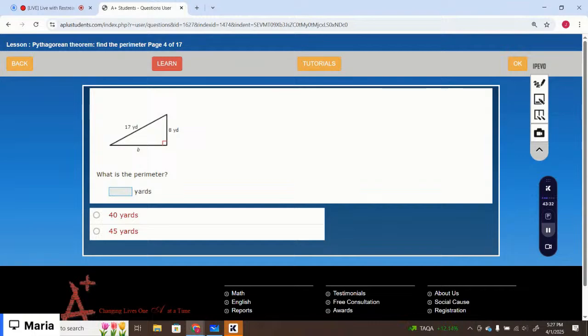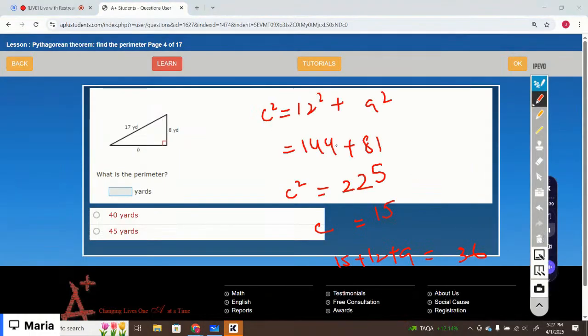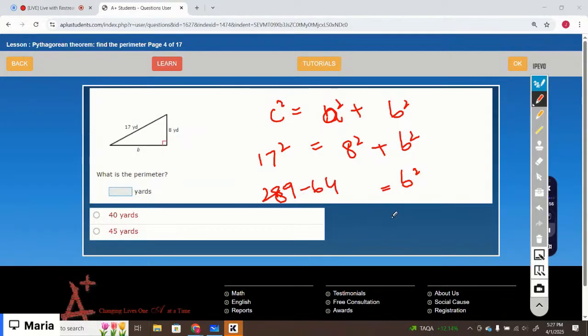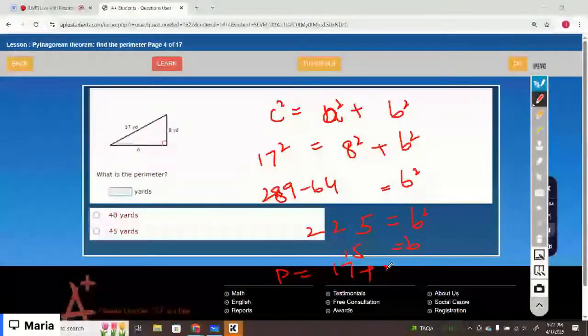Let's calculate the third side length so that we can calculate the perimeter. c square equals a square plus b square. 17 square equals 8 square plus b square. So b square equals 289 minus 64. So b equals 15. We need to calculate the perimeter: 17 plus 8 plus 15.